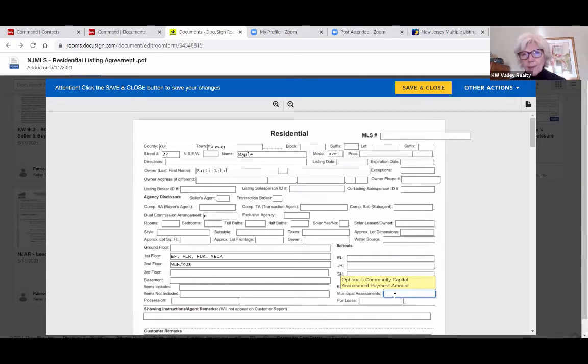As long as we're talking about assessments, any of you familiar with any lake communities? Ramsey Country Club, Pines Lake in Wayne, each homeowner in that community is assessed. And those assessments must be current.